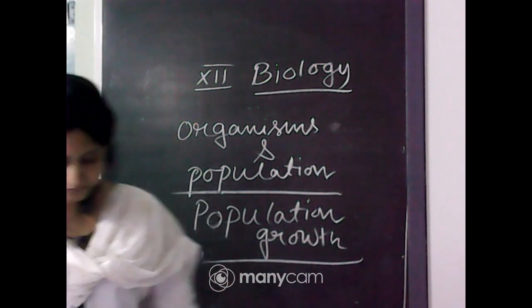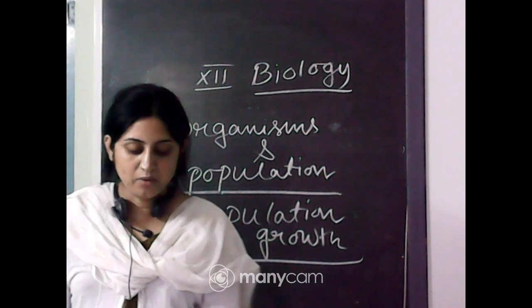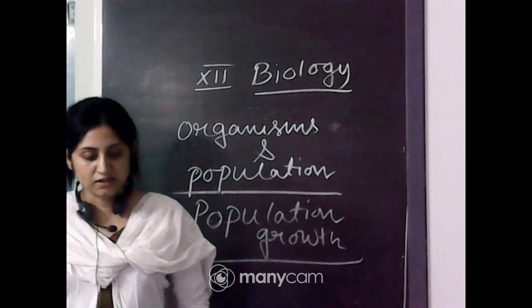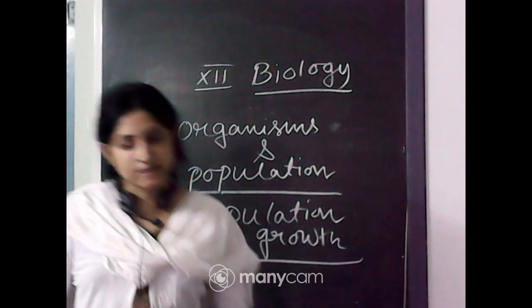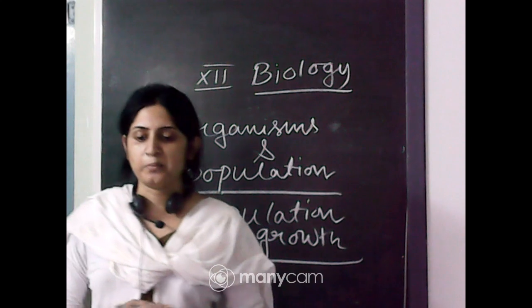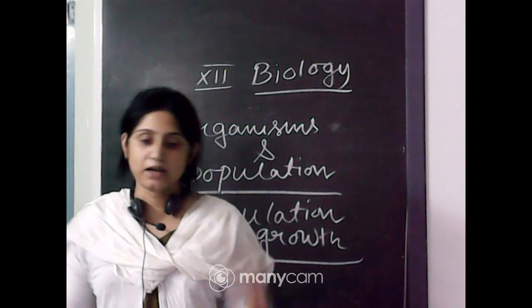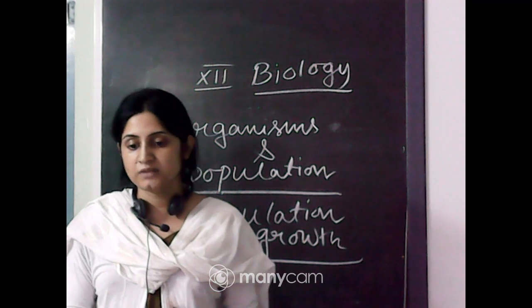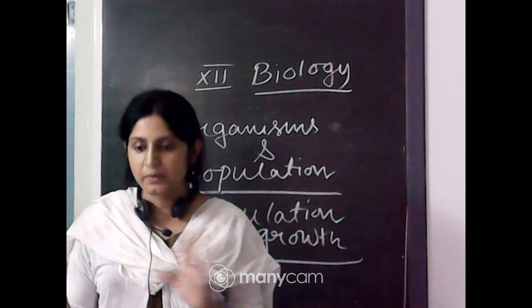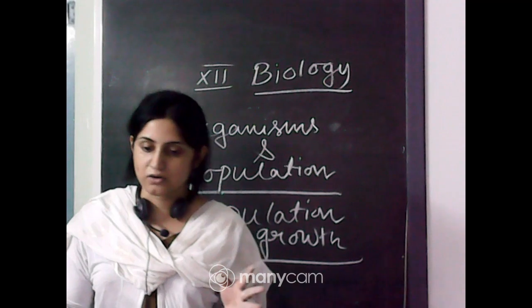Population growth: the size of the population for any species is not static. It keeps changing. Obviously it is not possible that all animals live continuously, with no newborn babies coming, and no old age or accidents occurring.